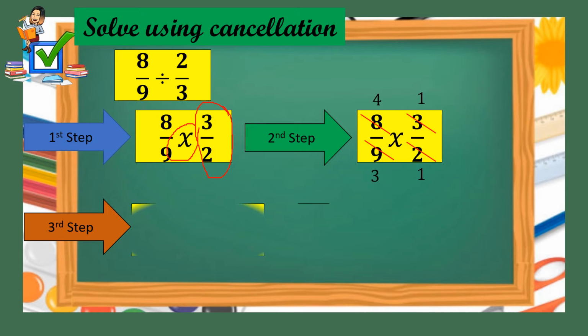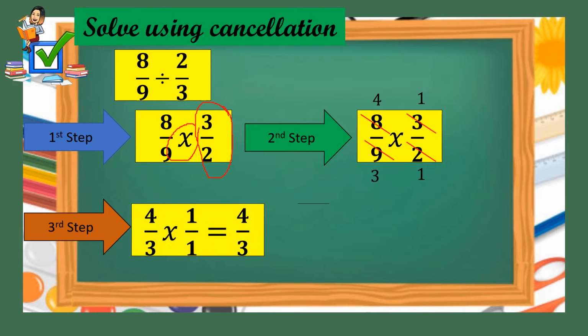So, third step: it became 4/3 times 1/1 equals 4 times 1 is 4, and 3 times 1 equals 3.